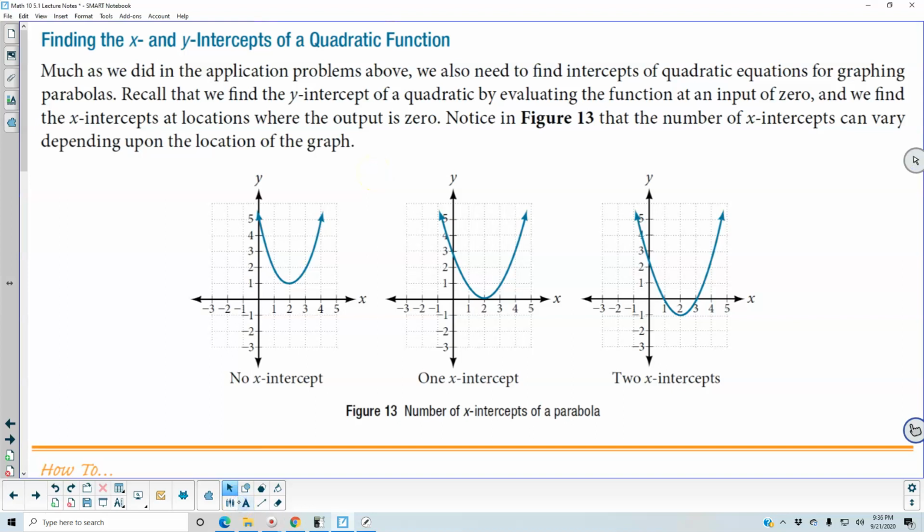So let's take a look at those graphs here. So here we have a vertex at (2, 1). Okay? And it looks like we have a y-intercept right here. But it doesn't cross the x-axis.